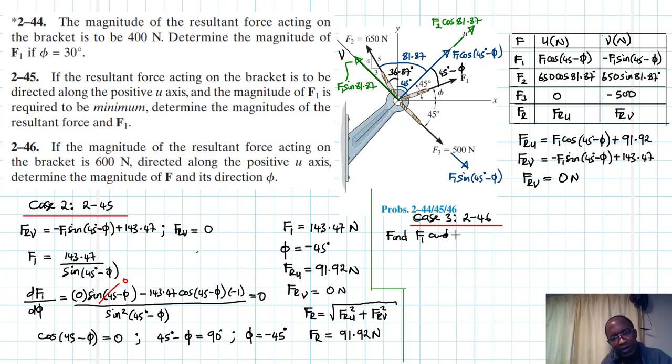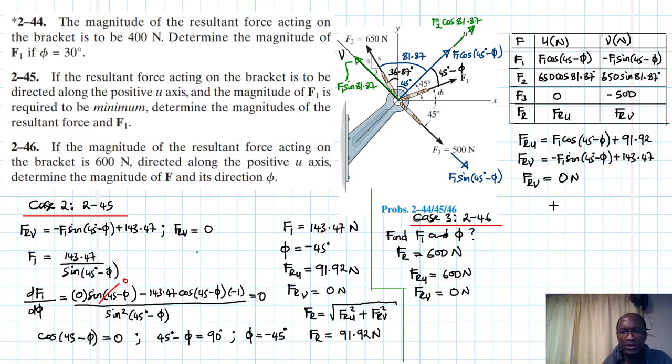So now we know here that FR itself is equal to 600 newtons. It's directed along the u-axis. Okay, and from this information, since it's along the u-axis, we know that the component FRU is going to be equal to 600 newtons, and FRV again will be equal to 0 newtons.